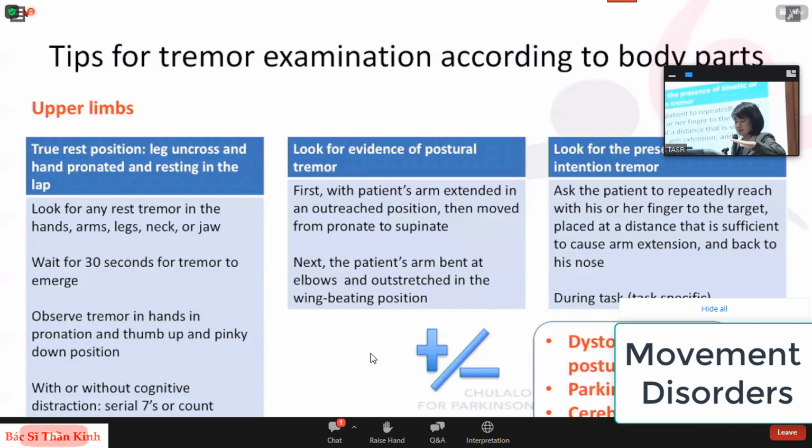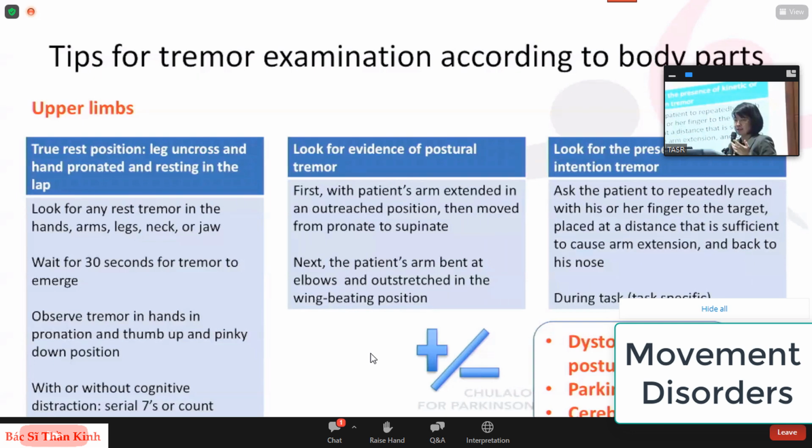And then maybe you ask them to bend their elbows, like a wing-beating position. And for evidence of kinetic or intention tremor, you perform the finger to nose test.